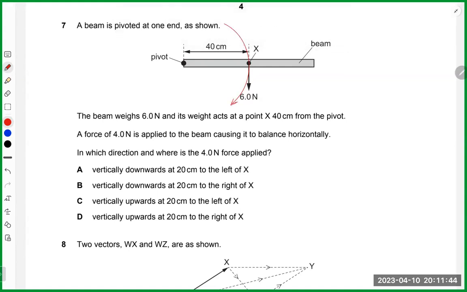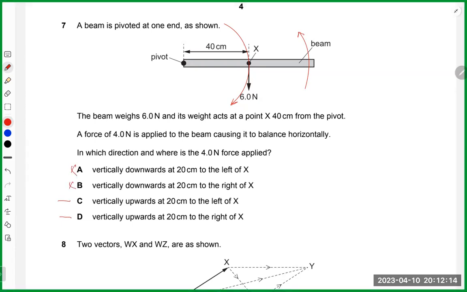So in order to balance this turning effect, you need a turning effect in the opposite direction, means anti-clockwise. So obviously we need an upward force, vertically upward. So I will be shortlisting C and D. A and B cannot be the answer.